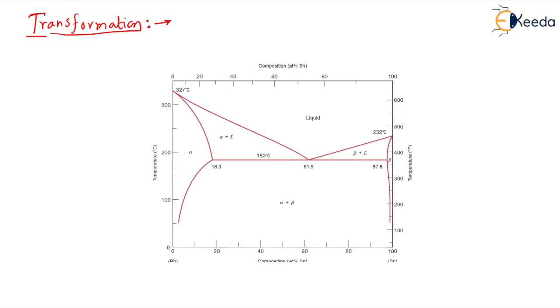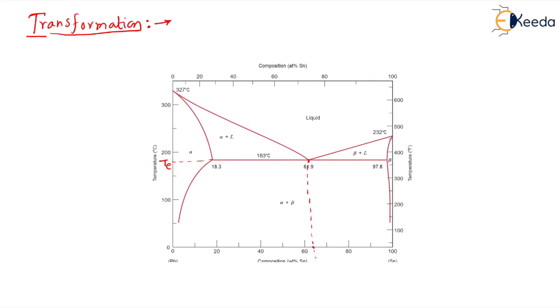Say, sir, this is the lead-tin classical phase diagram, and this point is the eutectic point. At this point we have the temperature Te as the eutectic temperature, and the composition is 61.9 here.